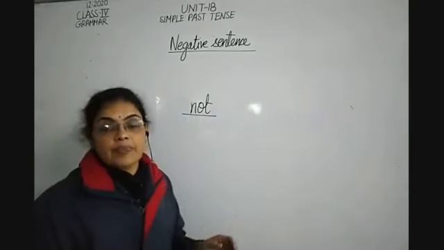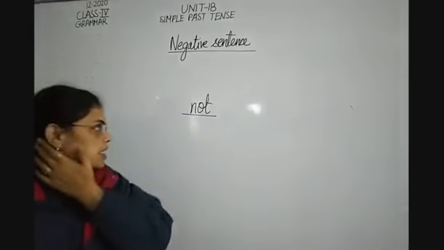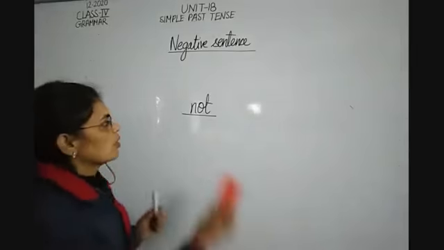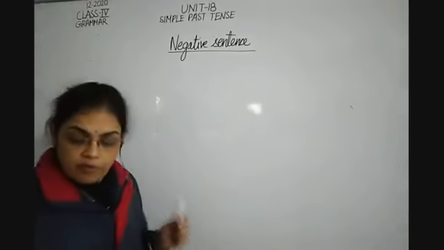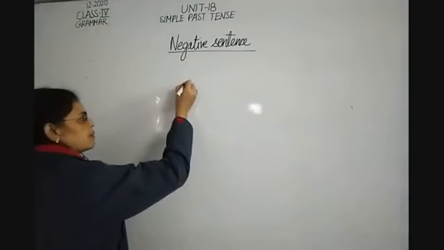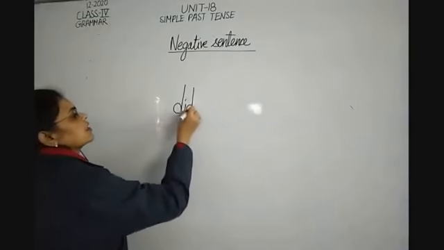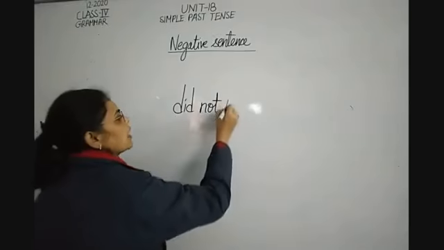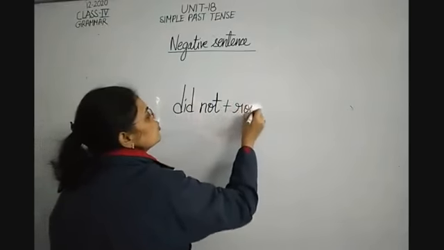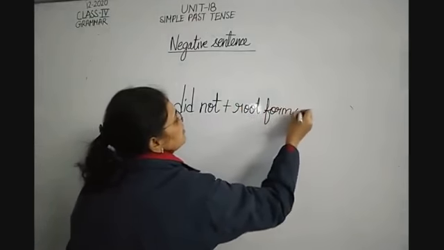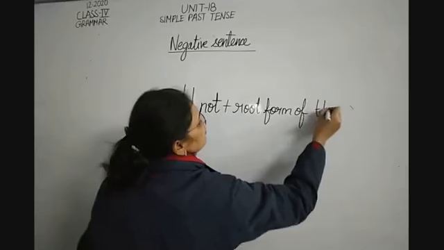And in simple past tense, for the negative sentences we frame, remember one formula, okay. After the subject, "did not" plus the root form of the verb.